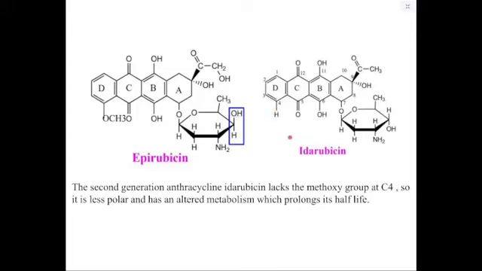The second generation idarubicin, because of that, definitely has much higher lipid solubility than the others. It lacks a methoxy group at carbon 4, so it is less polar and has an altered metabolism which prolongs its half-life. Because of the lack of the methoxy group, it has higher lipid solubility and much longer duration of action.